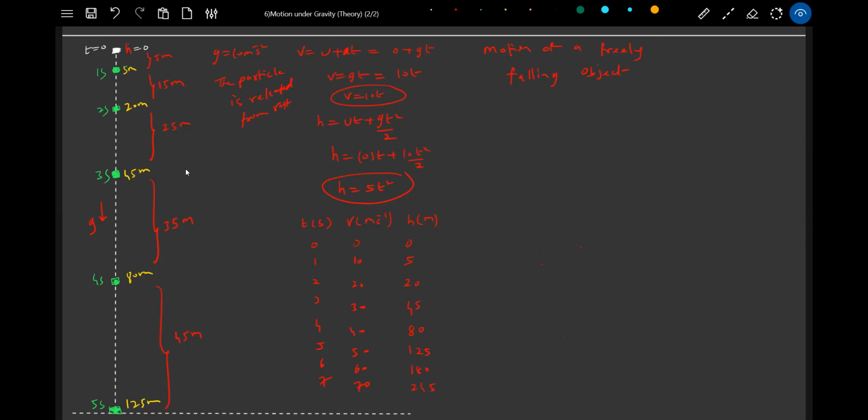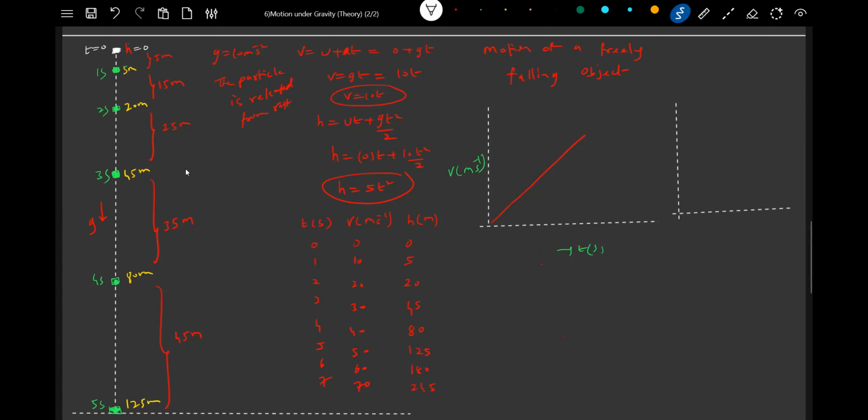So what about the corresponding graphs? The VT graph should be a straight line. Then what about the position versus time graph?